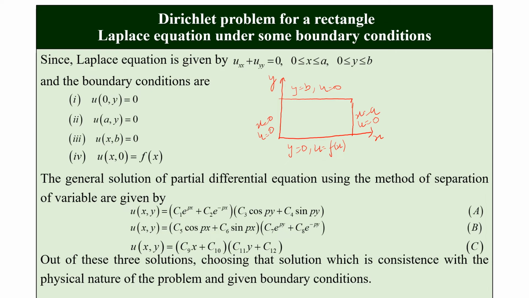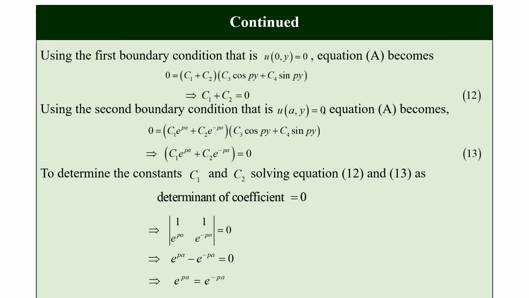So equation A becomes equation 12: 0 = (c1 + c2)(c3 cos py + c4 sin py), and from here we have c1 + c2 = 0.